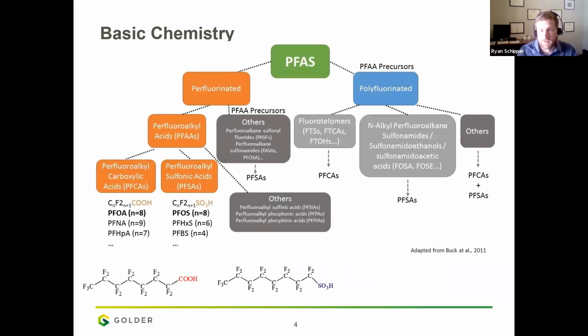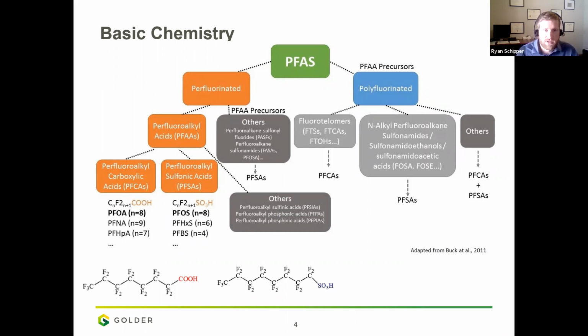PFAS refers to per- and polyfluoroalkyl substances, which is a large class of compounds, with many groups. We're mainly interested here in the orange groups shown, which represent the compounds with completely fluorinated carbon molecules. The carbon-fluorine bond is a very strong bond and difficult to break, which is part of what makes these constituents somewhat of a challenge to treat at times.